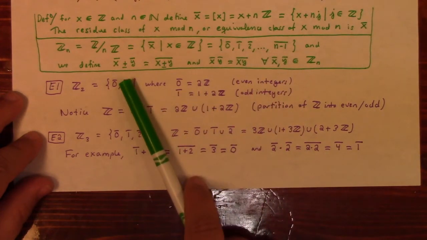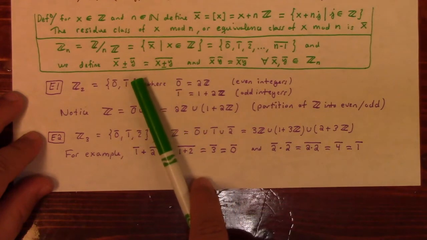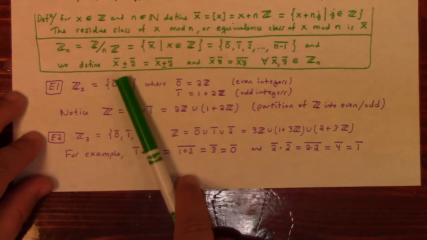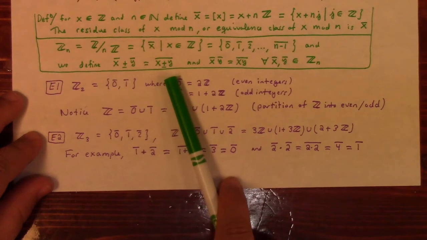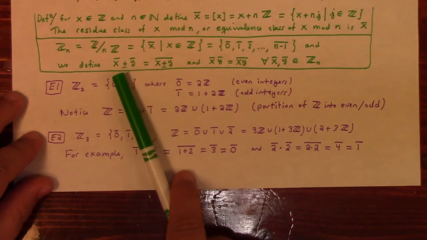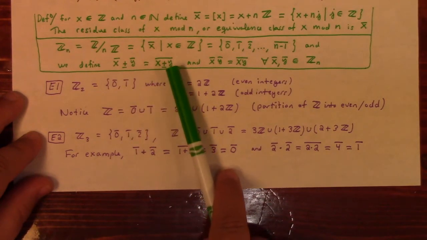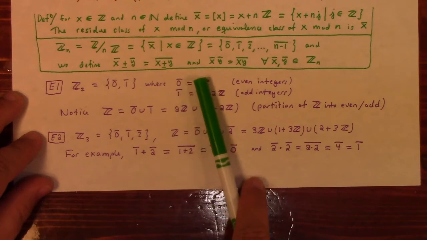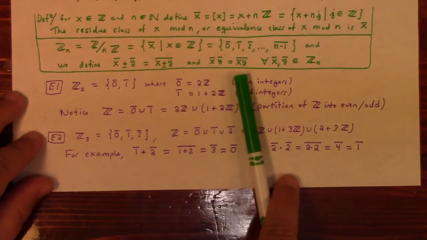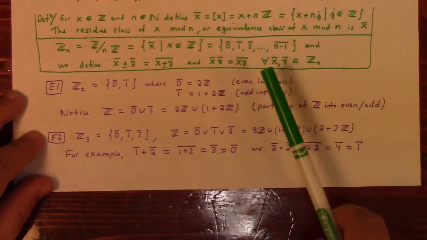And we can define addition or subtraction of these equivalence classes, of these residue classes if you like, by addition or subtraction of their representatives, namely x and y. So x bar plus or minus y bar is equal to x plus or minus y, all of it barred. Right, and the product of x bar and y bar is xy all bar. It's hard to put into English, but it's easy to look at, right?